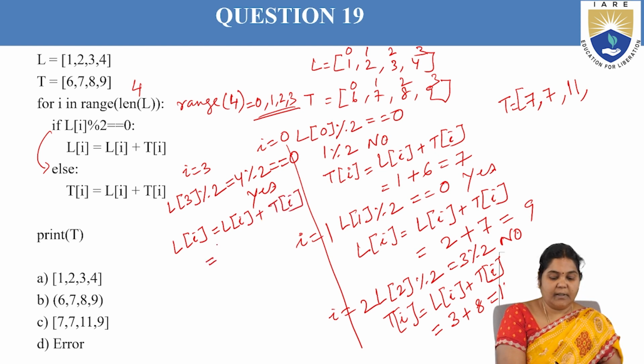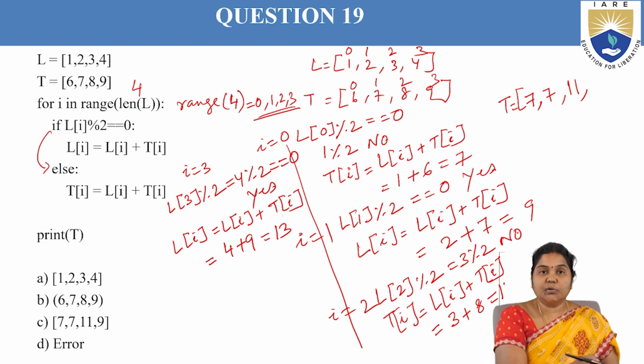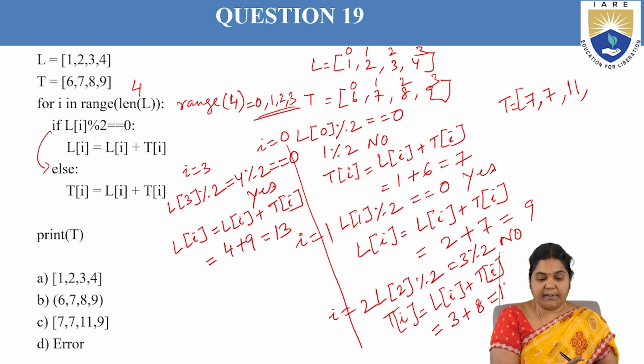Now L of 3 contains 4 plus T of 3. T of 3 contains 9. So 4 plus 9 becomes 13. So in this loop, 2 times L is updated and 2 times T is updated. L is updated for the even positions, and for the odd positions T is updated.